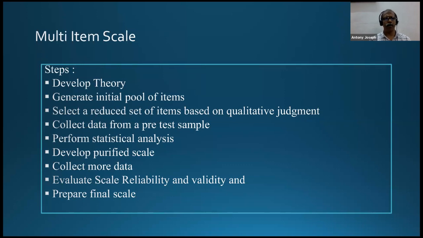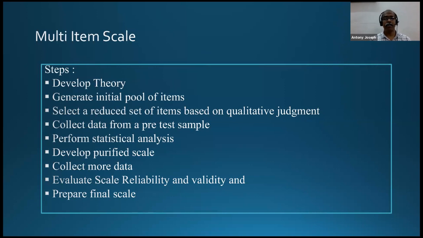For example, if you are going to measure mutual trust in case of banking, there are so many factors that can exhibit the features of mutual trust. You are to identify different circumstances and different features that can exhibit mutual trust and develop all possible statements. That is what I meant by the development of an initial pool of items.